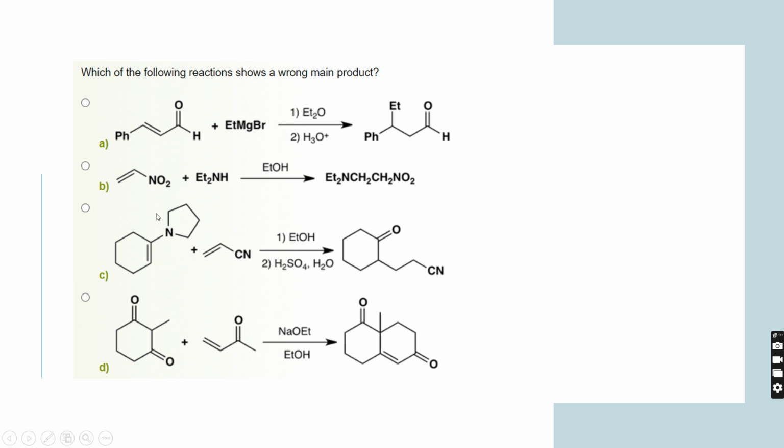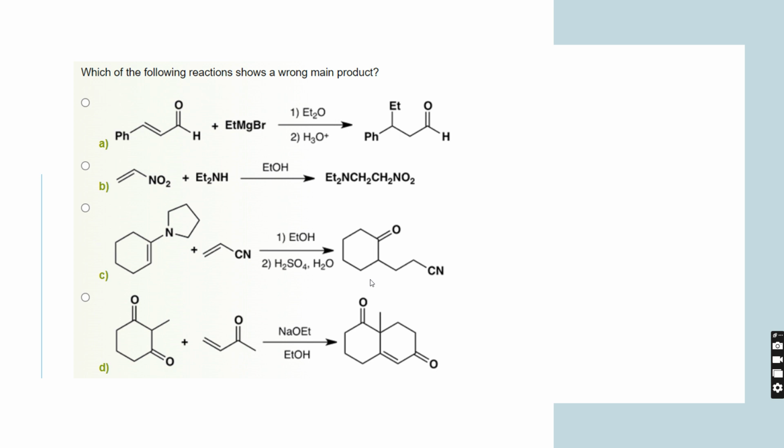Okay, this amine functionality will leave by breaking of this carbon nitrogen bond, and water molecule will add up here. Thus, after keto-enol tautomerism, this product you will get as the final product here.